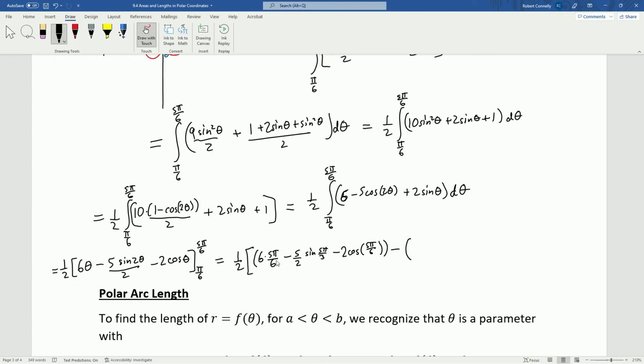So 6 times pi over 6 is just going to leave us with pi minus 5 halves sine of pi over 3 minus 2 cosine of pi over 6.